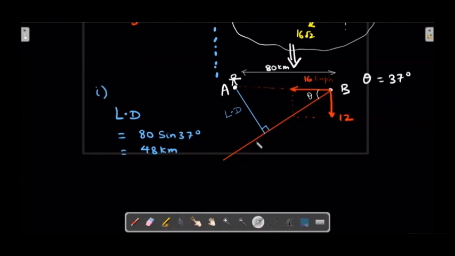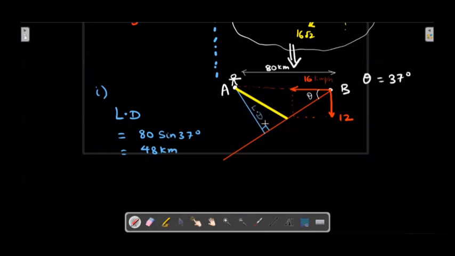Now, the second part of the question is very simple. If the least distance is 48 kilometers, which is this way, on either side of this line there will be a 50 kilometer line that I can draw. So I'll draw those two lines, yellow in color. Maybe this is a 50 kilometer line on this side, and symmetrically on another side of this line there would be a 50 kilometer line. Just to ensure that my LD doesn't get covered up, I'll erase this and write it in a slant form so that you don't have trouble visualizing.